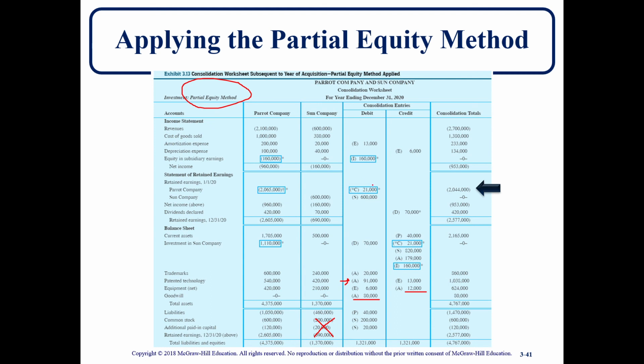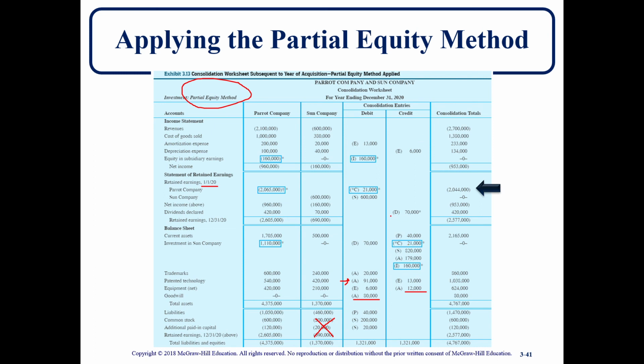So in this case, we're decreasing retained earnings. Under the initial value method, we were increasing it. Here, we're decreasing it. So we call this entry C, and we debit 21,000 to beginning retained earnings, and then we credit our investment in Sun Company.